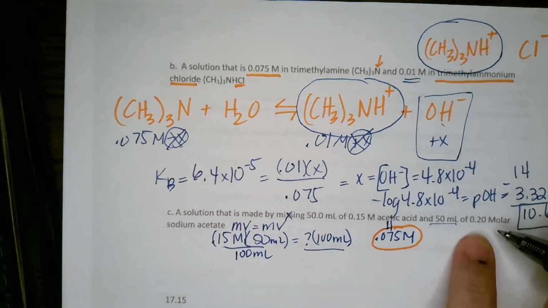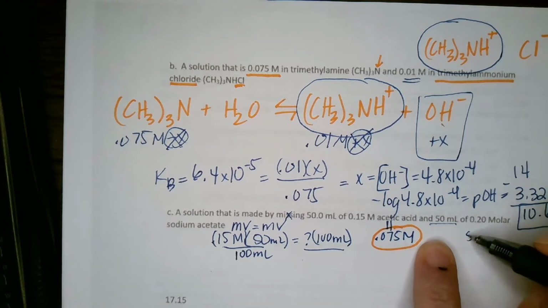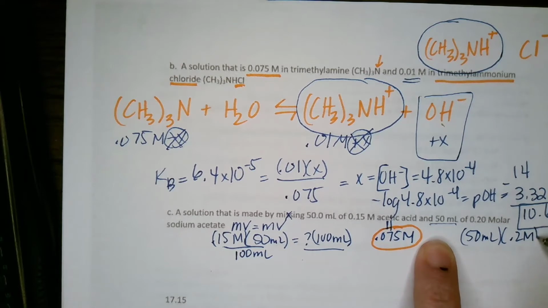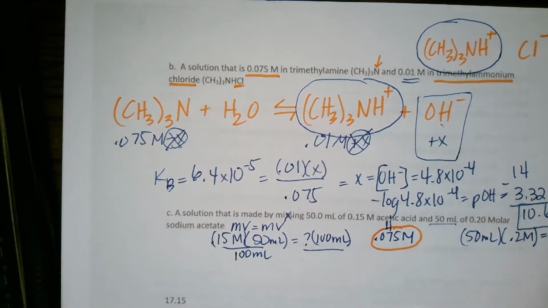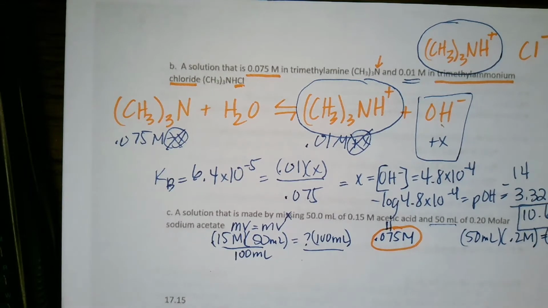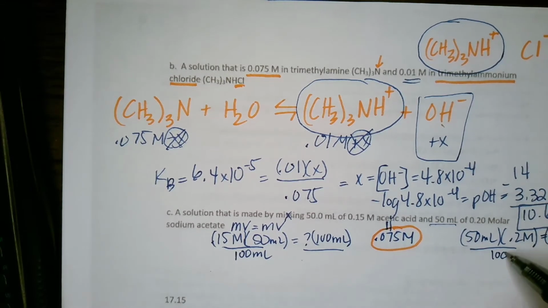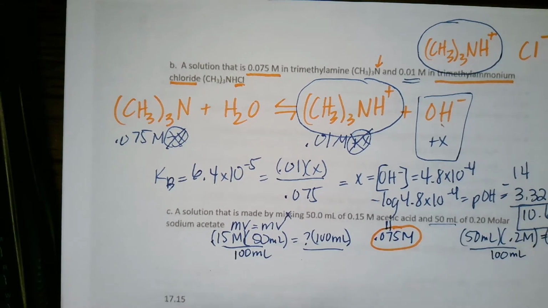And then let's do the same thing for that sodium acetate. We have 50 milliliters times 0.2 molar. And then again, we're diluting it, so we would have 100 milliliters. And we need to figure out what that molarity is once we dilute it.